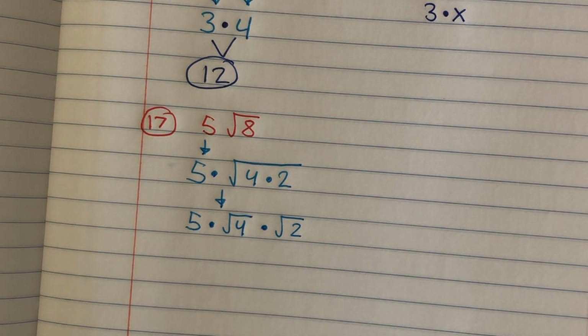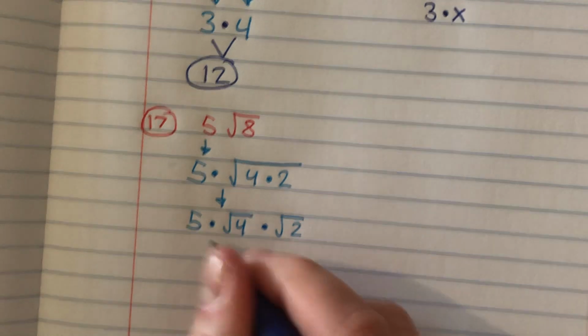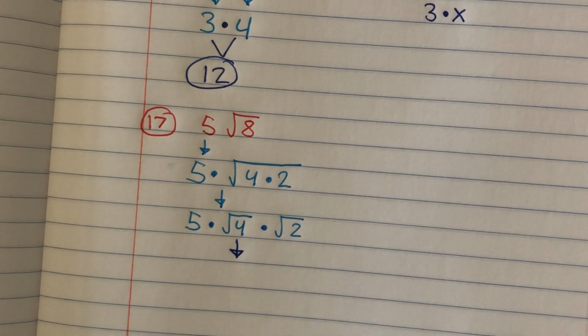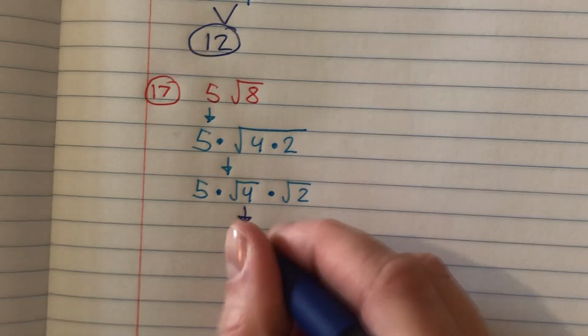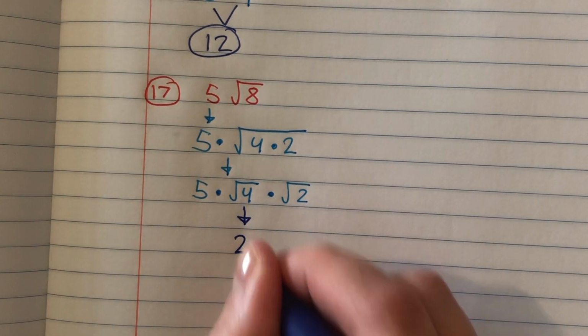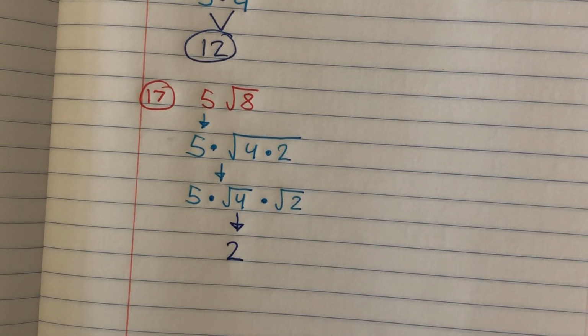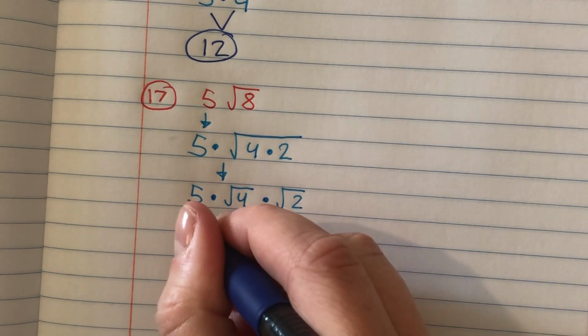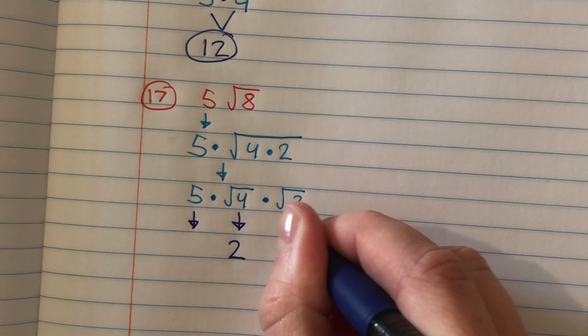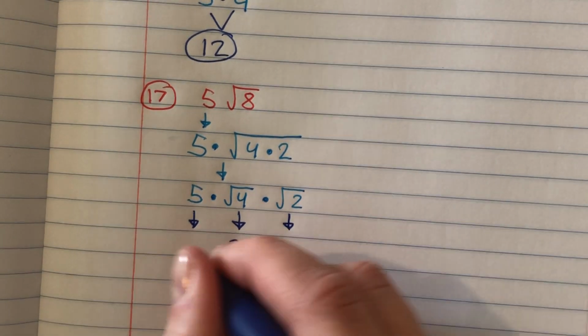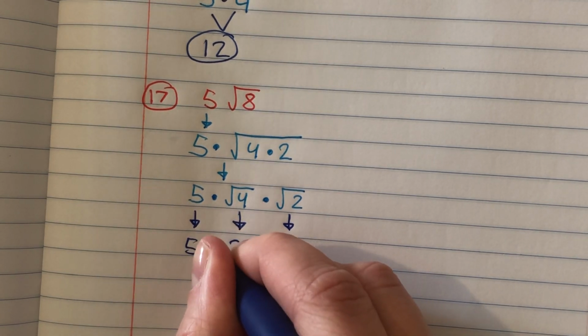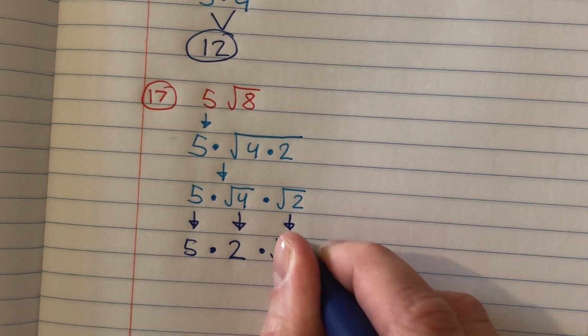Now I need to work with my perfect squares. Well, the square root of 4 is a perfect square. The square root of 4 is 2. Because it's a perfect square, it comes outside of that radical sign. I'm still going to carry down this 5, and I'm still going to carry down this root 2. So I now have 5 times 2 times root 2.